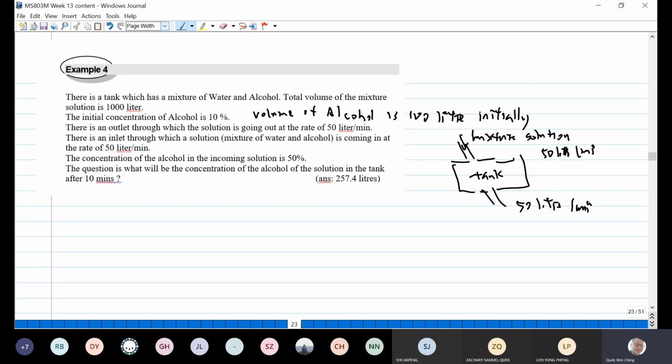So this 50%, what does it mean? Okay, every minute how much alcohol is coming in now. This 50% solution, 50% alcohol.